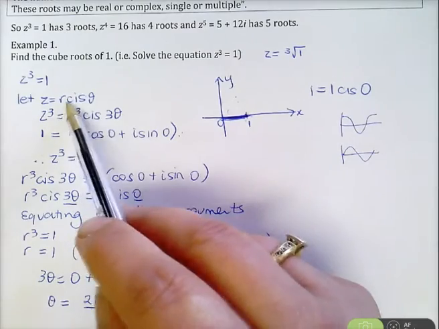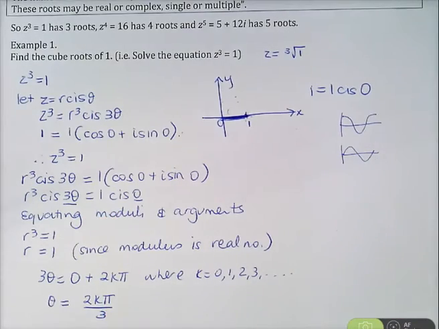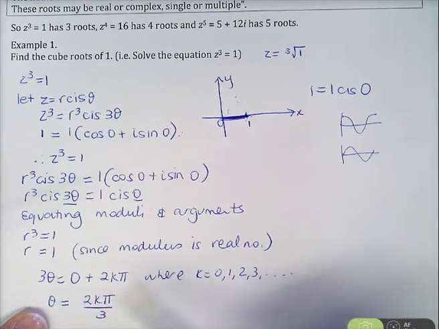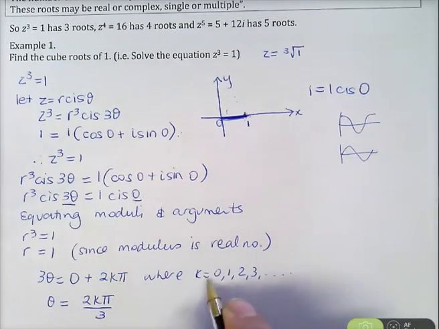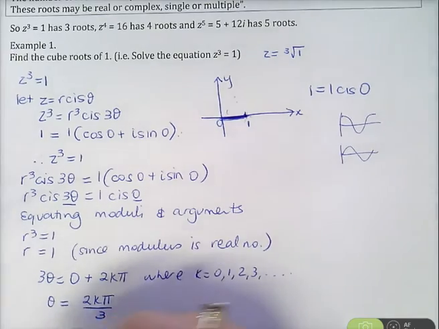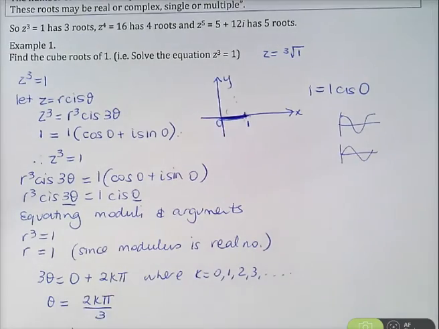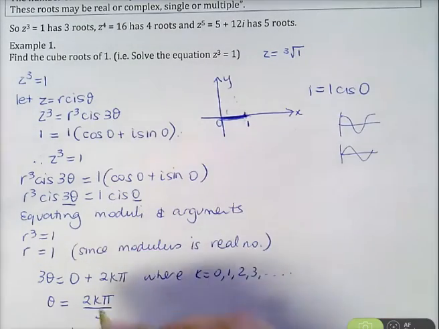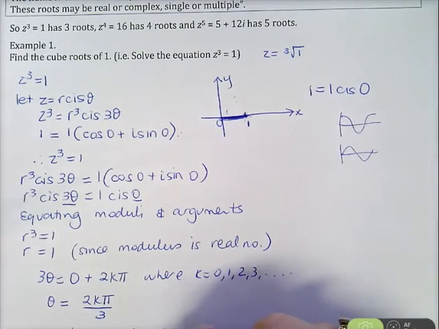So if z equals r cis theta is the general form of the roots, we know that r is 1, and we know that theta is 2k pi on 3, where k is 0, 1, 2, 3, etc. So z equals 1 cis 2k pi on 3, again where k is 0, 1, 2, 3, etc.